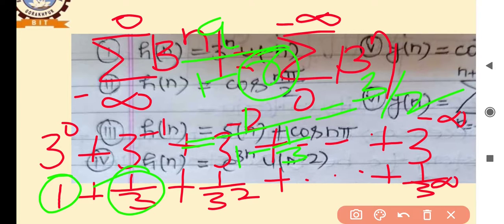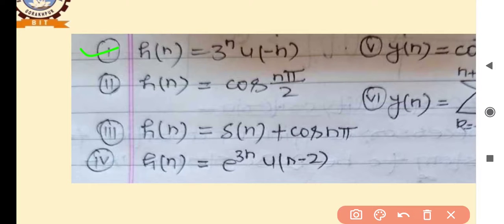It means that this summation has a finite value which is equal to 3 by 2, and if the impulse response of the system gives a finite value while taking the summation from minus infinity to 0, this indicates that the given system is a stable system. It means that the system given in example 1 is a stable system.